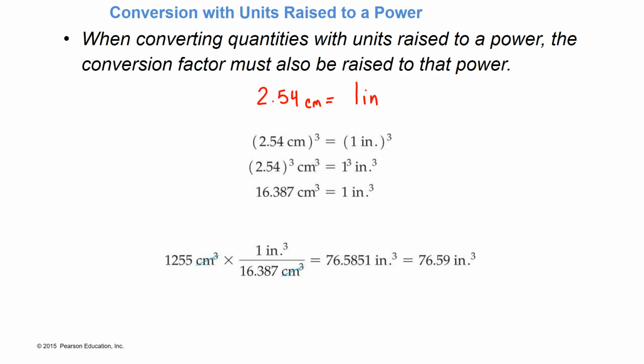So to do that conversion, I would take 1,255 cubic centimeters. I want to get rid of cubic centimeters. So essentially, taking this number, which remember is 2.54 cubed, and then going through, we get that. And again, looking at sig figs, there are 4 sig figs in this number, so we have to have 4 sig figs in our answer. The conversion factors still are considered to be exact numbers.